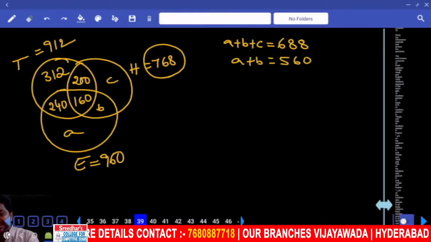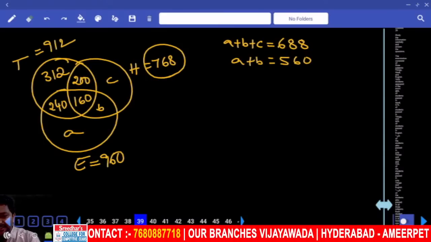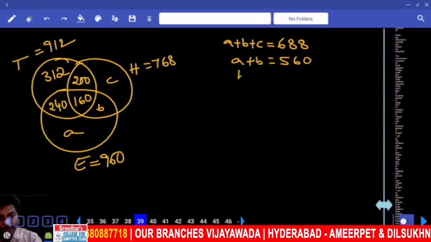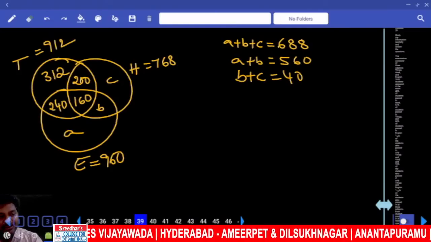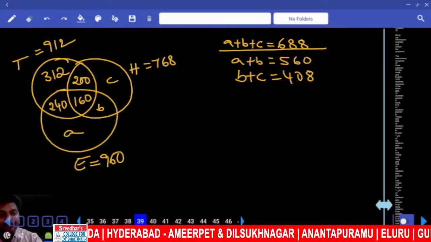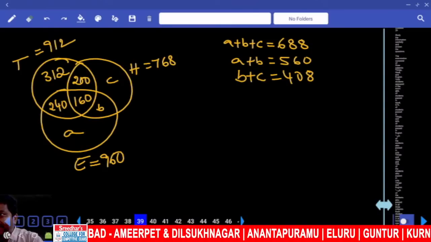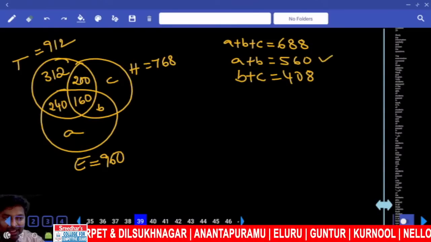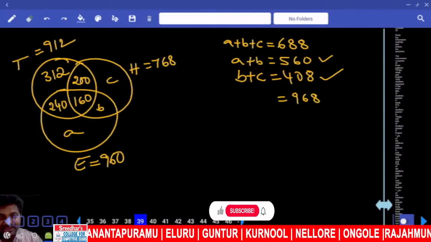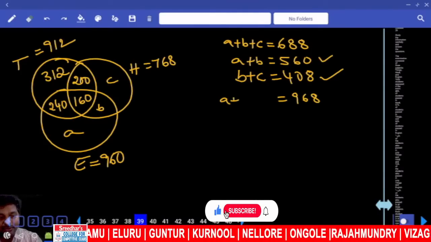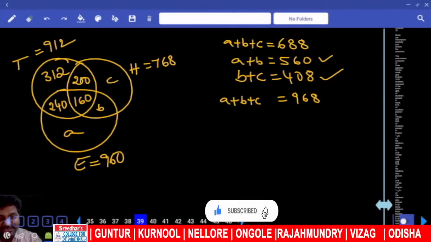Out of 768, we already have 360. Then B plus C will be equal to 408. When you add both, how much do you get? 968.